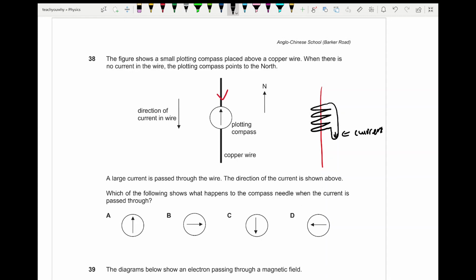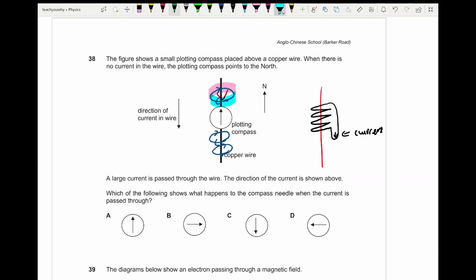And therefore, what we have is this magnetic field that is in this manner. So this part here is the behind, this part here is in front.